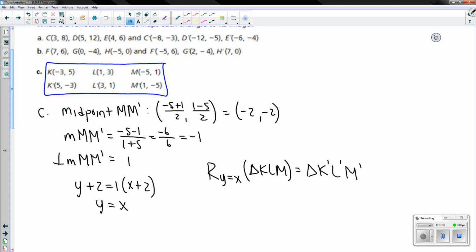So I do feel confident in saying that the rule should be to reflect over the line y equals x. So there are 3 examples on how to find the line of reflection given some pre-image and image points. The steps on how to do that will be recapped here to end the video.